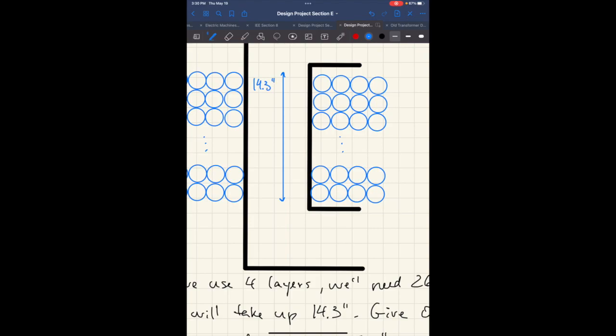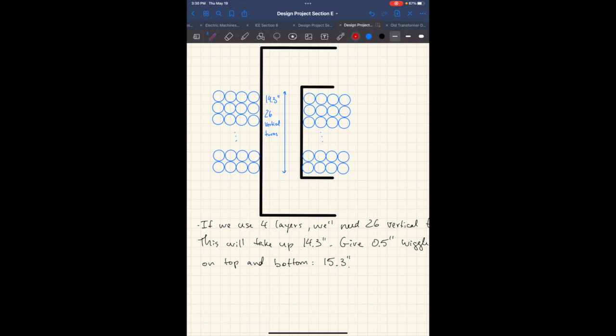So it's 14.3 inches without the wiggle room. 26 vertical turns. Now we're going to have to put the high side turns on top of this.